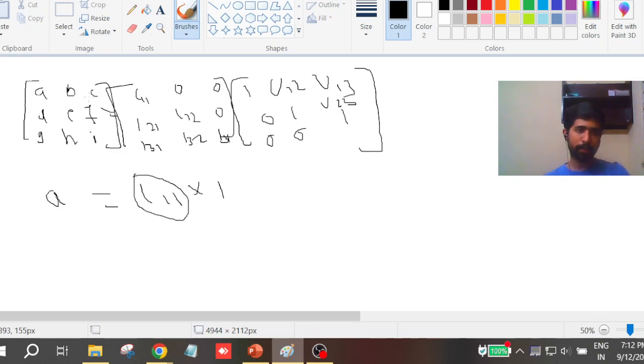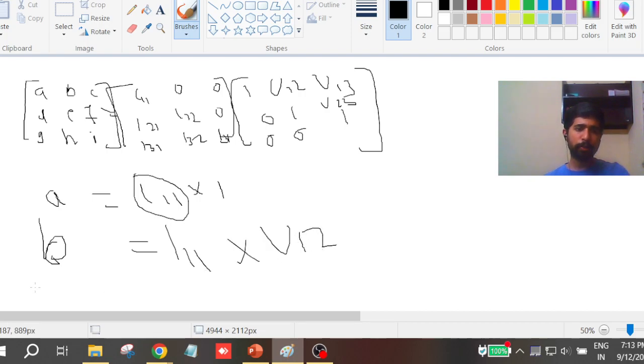Now what is the value of C? C is basically your U13. So that is how you find out the answers. Because L11 into U13 you will get it. So B value you will get as L11 into U12.